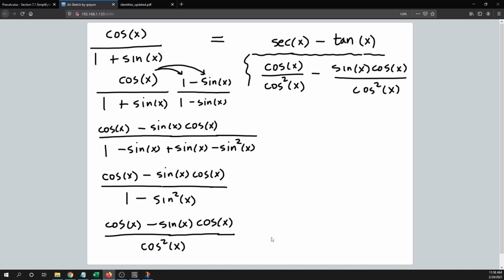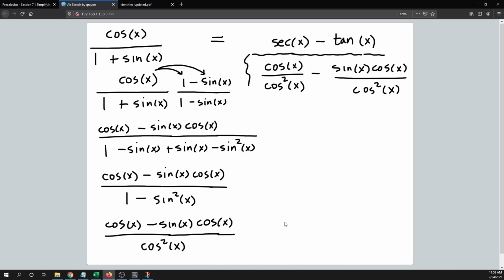Now you may say, well, what did you just do right there? Well, I split up this fraction over the denominator. If you think about how subtracting fractions works, if I want to subtract two fractions that have a common denominator, like these two, all I have to do is combine the numerators. So that would be cosine x minus sine x times cosine x over the same denominator, which is what I have here.